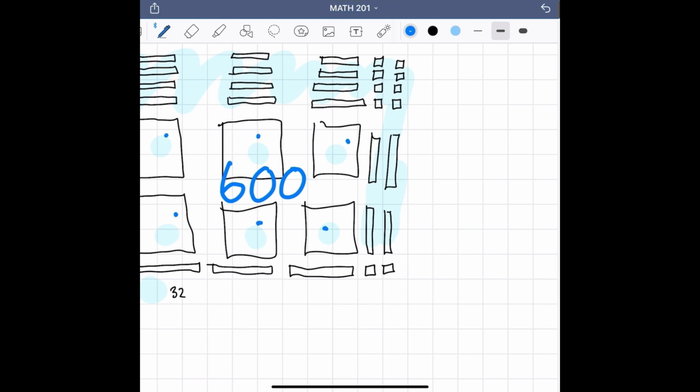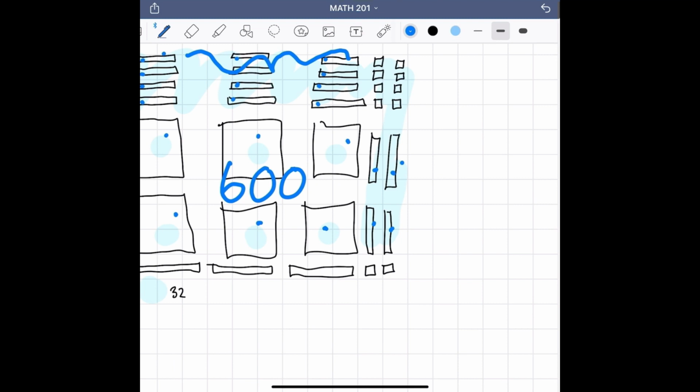For our longs up here and here, we have 1, 2, 3, 4, 5, 6, 7, 8, 9, 10, 11, 12, 13, 14, 15, 16. We have 16 longs.